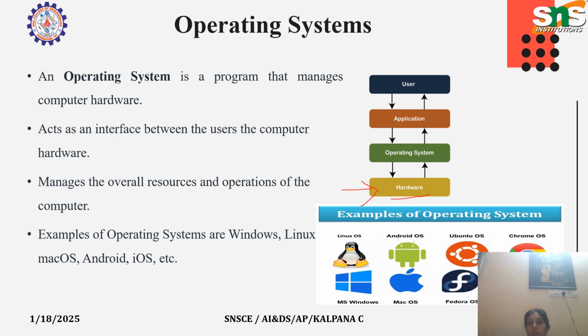For saving the document also, he needs to communicate with the hardware, and give the instruction that I am going to save it, please save it for me. Likewise, each and every time the user needs to communicate directly to the hardware.